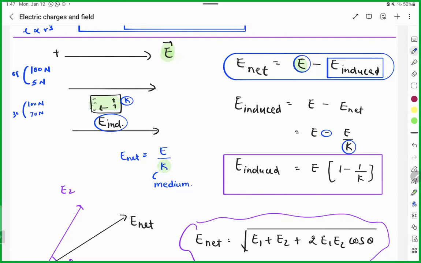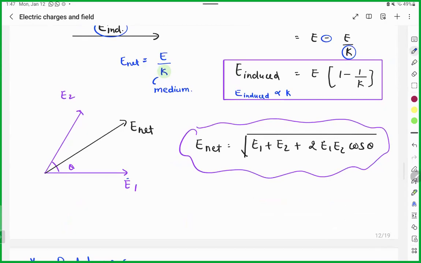In this way, you will see how much electric field will be induced will directly depend upon the K value. It means how much will be the resistance created by the system depends upon the nature of material. If I am taking a table, it will create more resistance. If I take a ball, it creates less resistance. Nature of material.